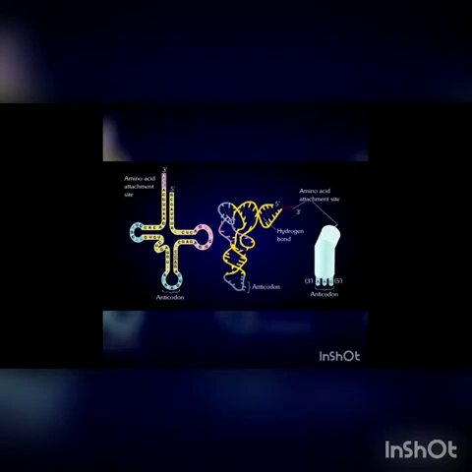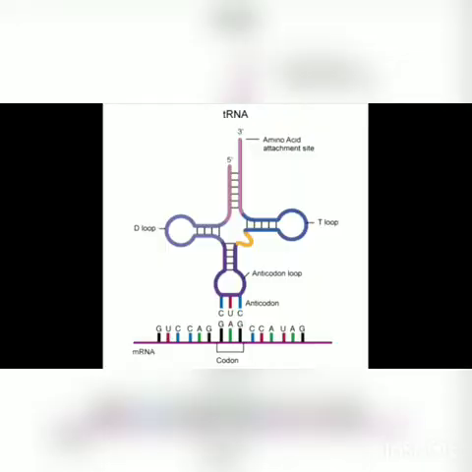That is, 3 nucleotides in the tRNA pair with 3 nucleotides of mRNA. In certain tRNAs, in addition to these 4 arms, an extra arm called the variable arm occurs as shown in this figure. The amino acid acceptor and anticodon arms are oriented in opposite directions.